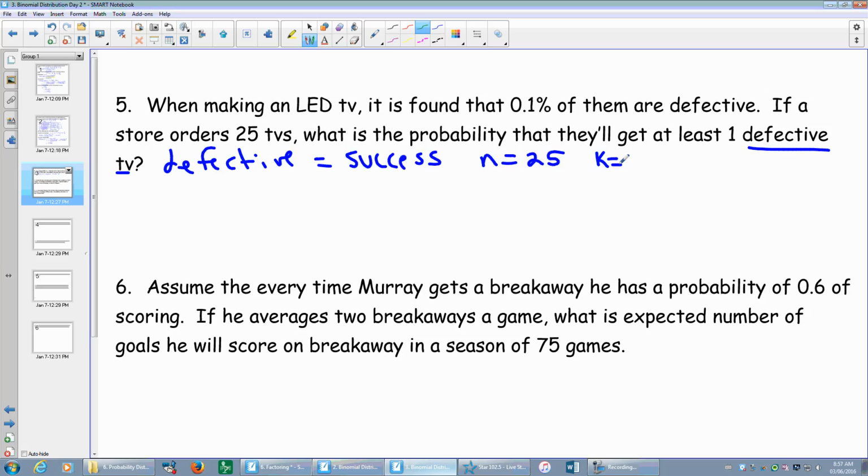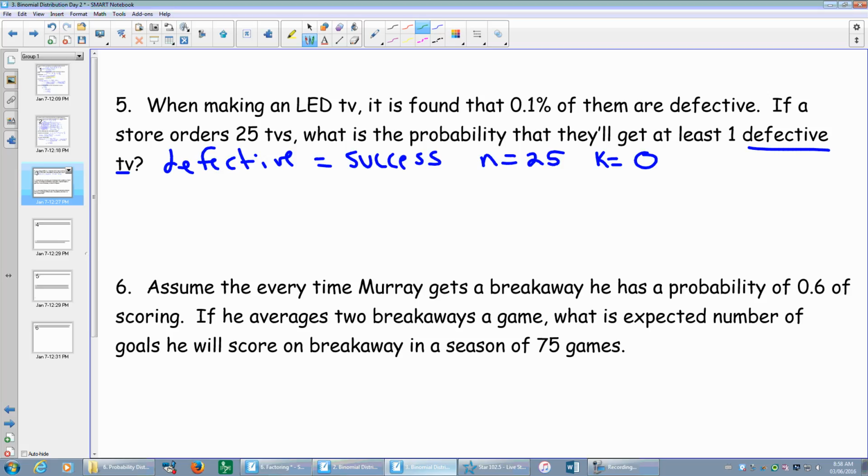If I want at least 1, how would I do that? Can you help me out? What would it be? It's saying at least 1. So we're actually going to be doing the indirect method here of at least 1.